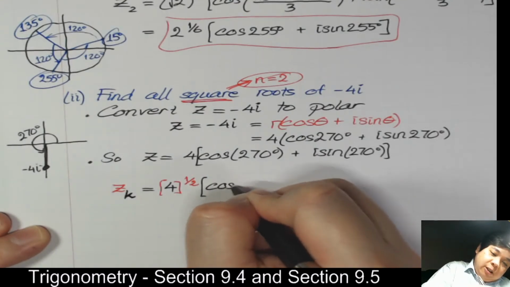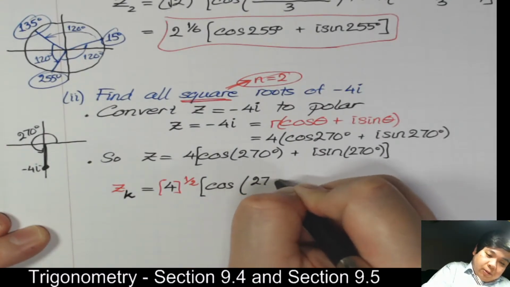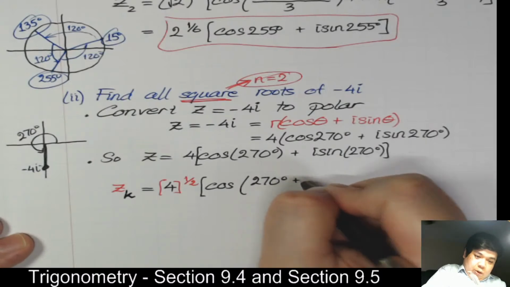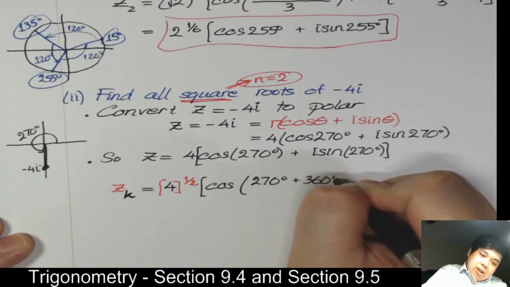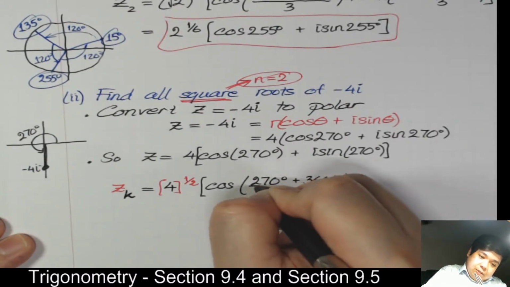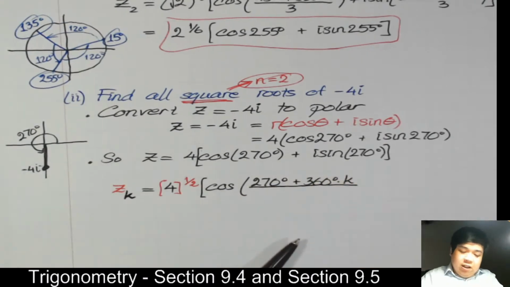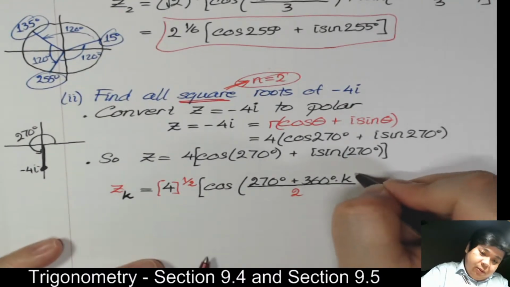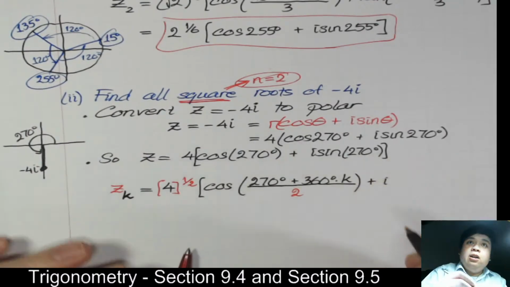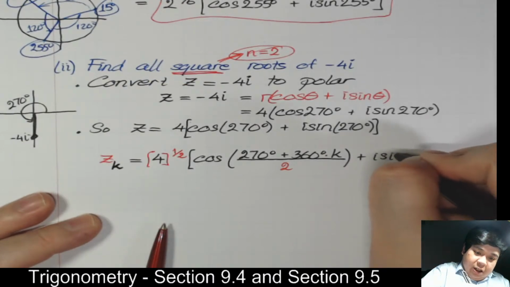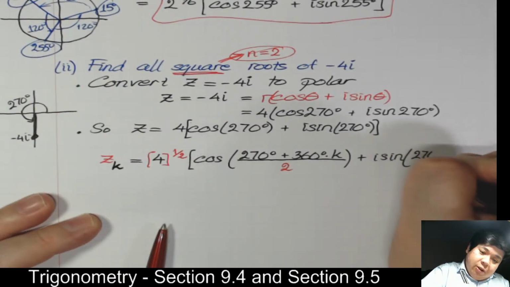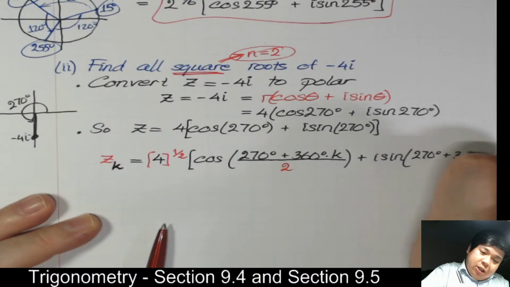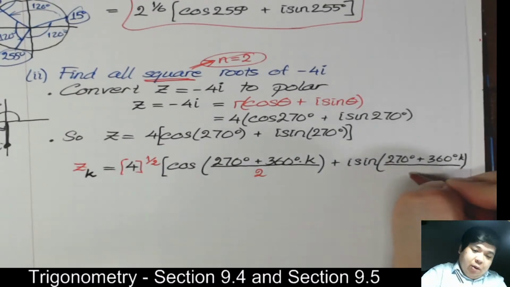And then cosine, we add 360 degrees times k divided by n, and then plus i sine of 270 degrees plus 360 times k divided by 2.